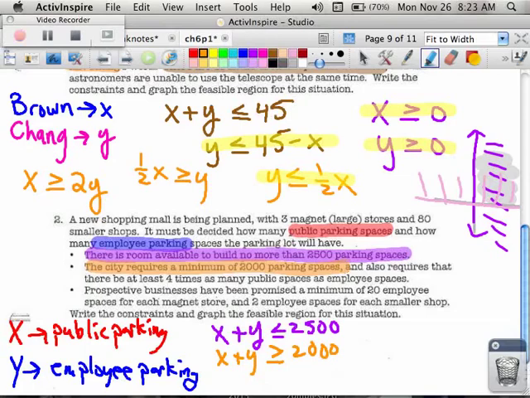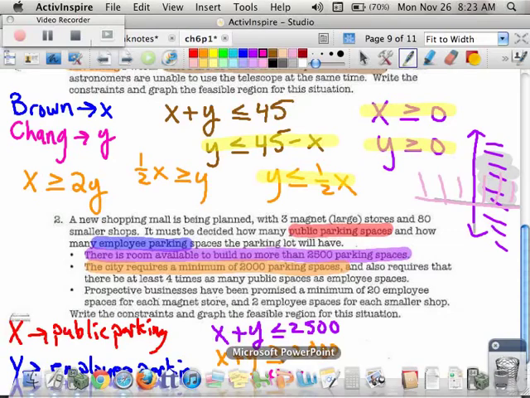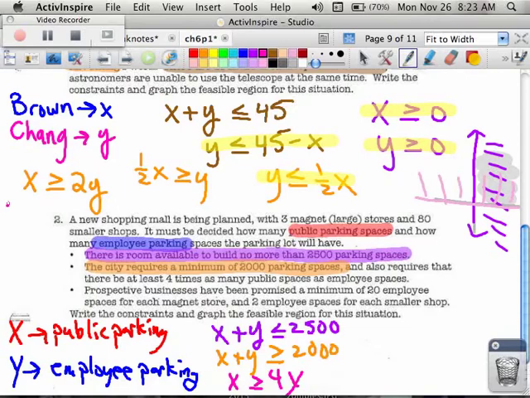And then in the very next line, they talk about at least 4 times as many public parking spaces as there are employee spaces. So the public spaces, X, has to be at least 4 times the employee spaces Y. And that came out of this statement right here.